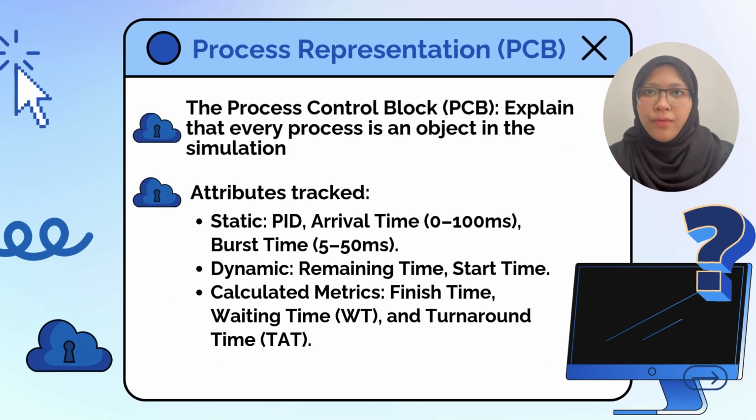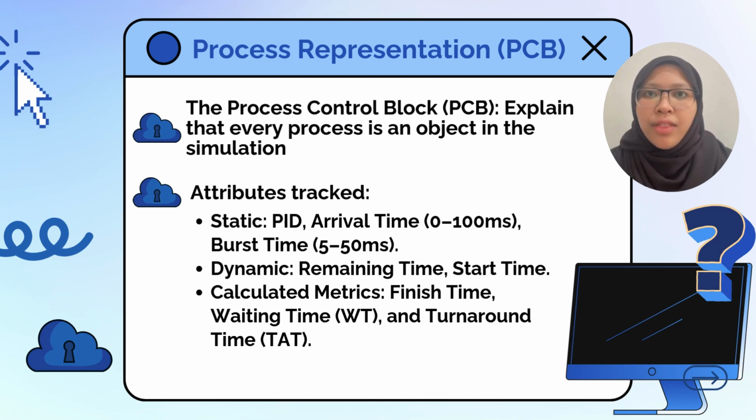Next, I will briefly explain the process representation used in our simulation. Each process is represented using a process control block, or PCB. The PCB stores important information needed to manage execution and calculate performance metrics. Each PCB includes the process ID, arrival time, burst time, remaining execution time, finish time, turnaround time, and waiting time.